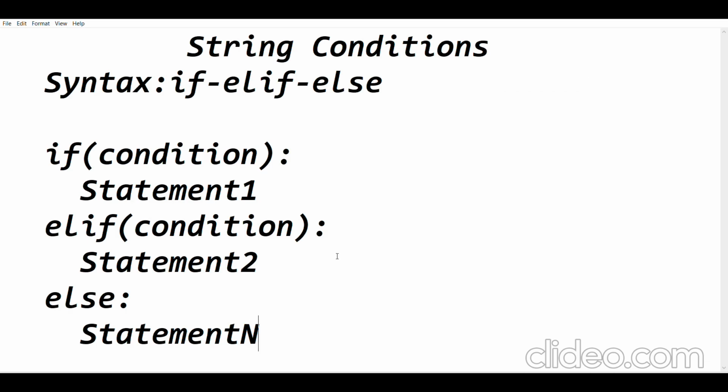String conditions. We use conditions in programming to perform several tasks. There are several conditions in our life. Suppose we cannot get our license and voter ID card before the age of 18.